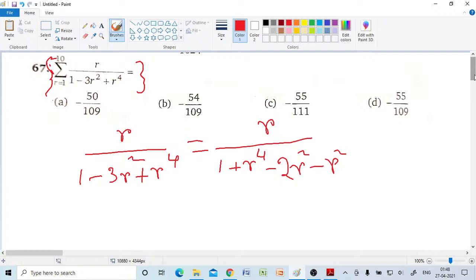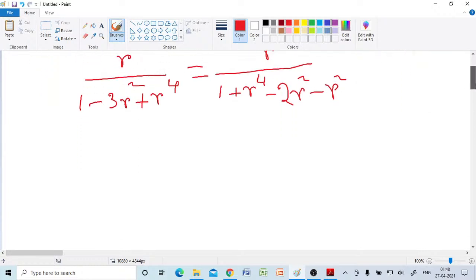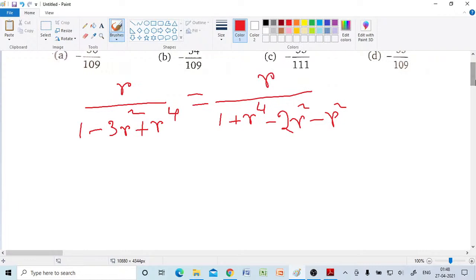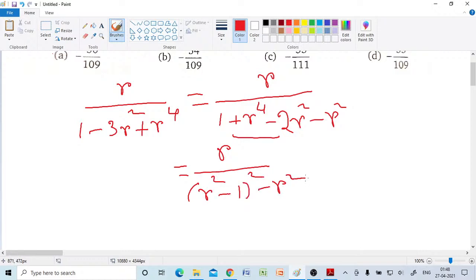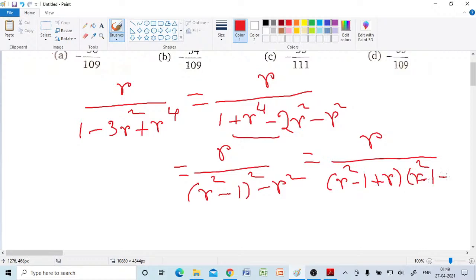Now it is pretty simple to factorize because this is basically equal to r over r square minus 1 whole square minus r square. This is equal to r over r square minus 1 plus r times r square minus 1 minus r.